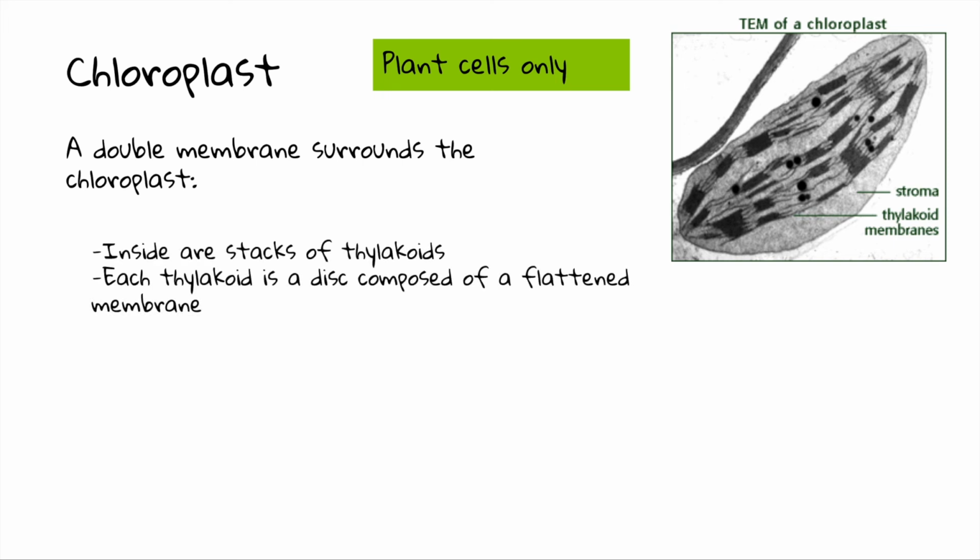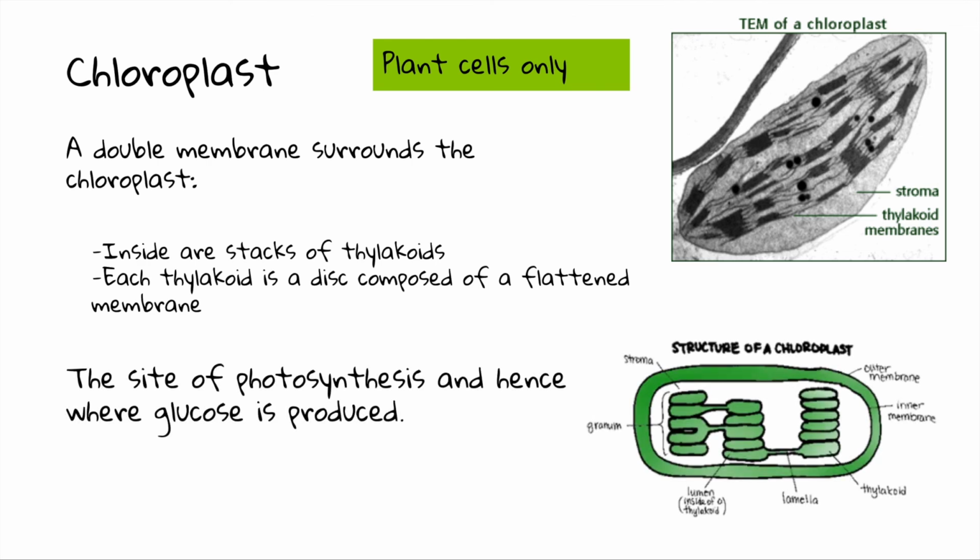It contains stacks of thylakoids, which are basically discs composed of a flattened membrane, which traps light energy. So it traps the energy needed for photosynthesis. And it also has starch grains, which may be present if chloroplasts have been photosynthesizing quickly.